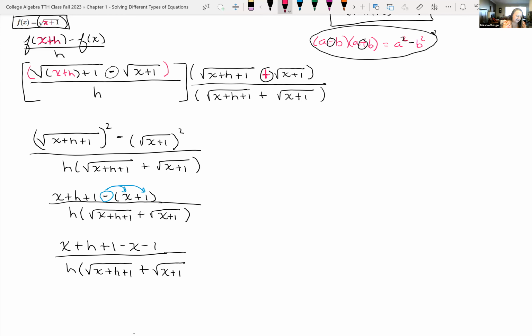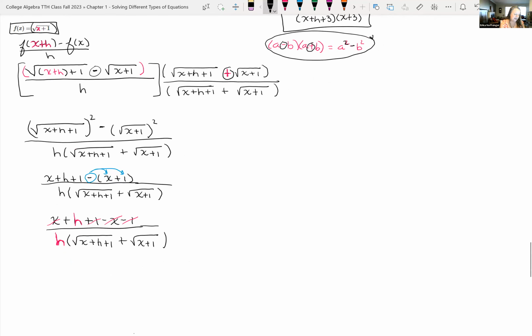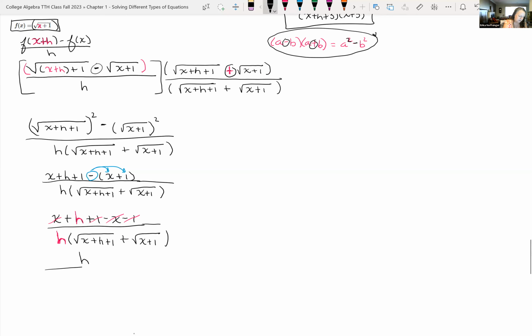Notice we have an x minus an x, cancels. We have a 1 minus a 1, cancels. So all we're left with in our numerator is this h. We have a common factor in our denominator of just our h. So we're going to be able to simplify by canceling out the h, because that's all we're left with in the numerator, h all over h times the square root of x plus h plus 1 plus the square root of x plus 1.